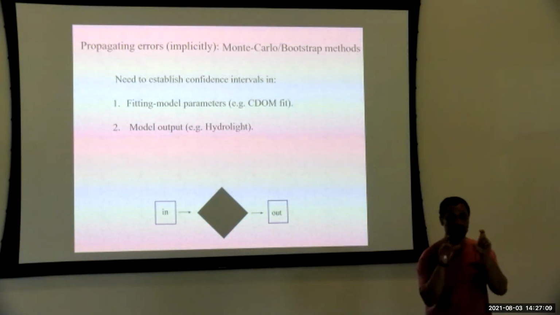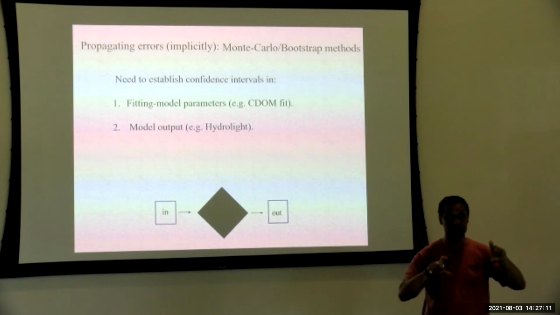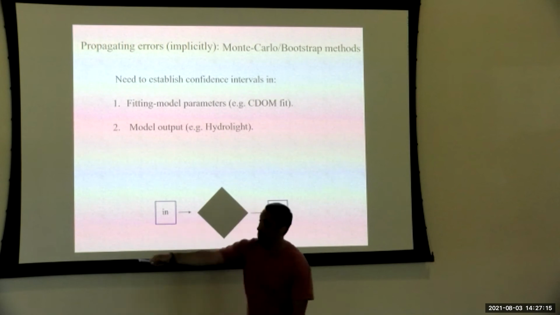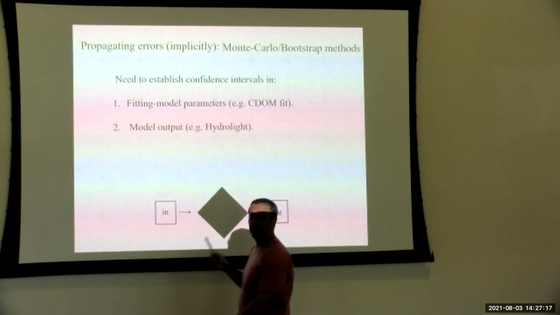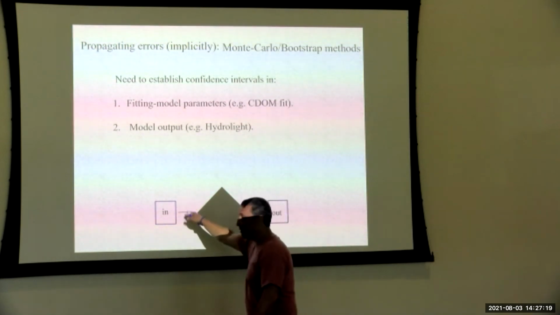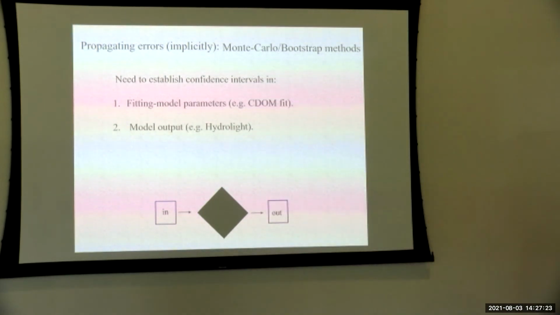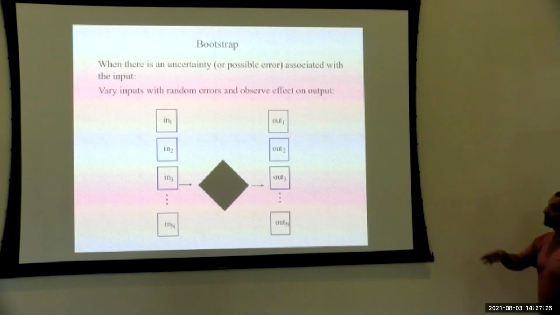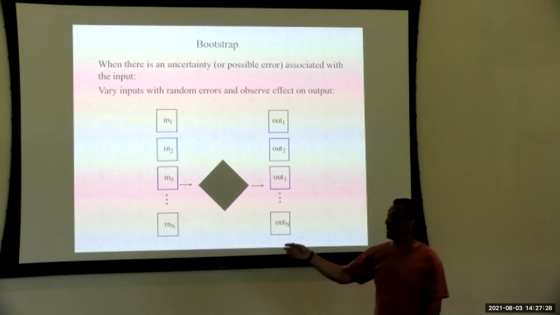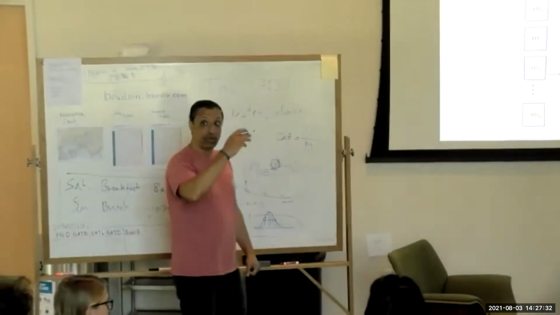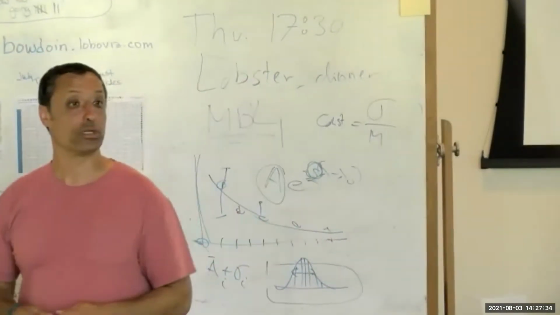But once I know it, once I have an uncertainty in my absorption, I can vary the values and fit, and then see what I get. I'm going to get a slope. And I can vary them again, and so on for my 9 wavelengths. And then doing it 10,000 times, I'm going to get 10,000 different slopes that will have a certain probability distribution.